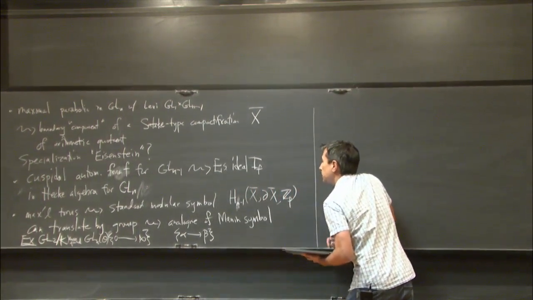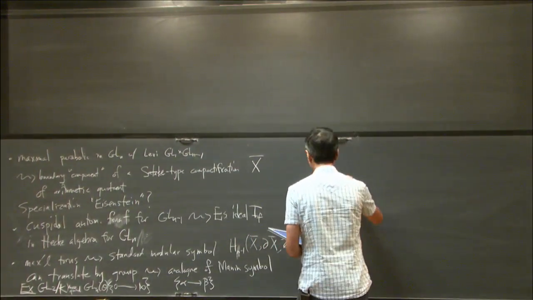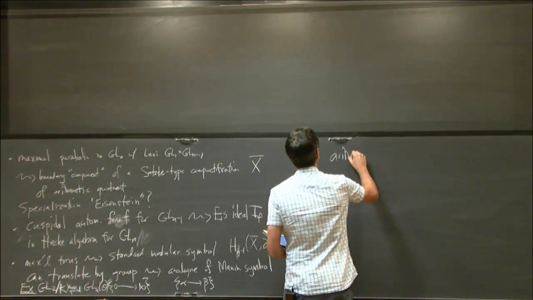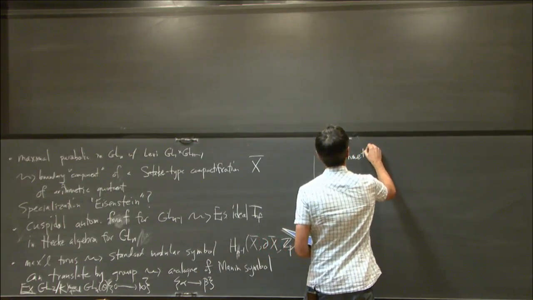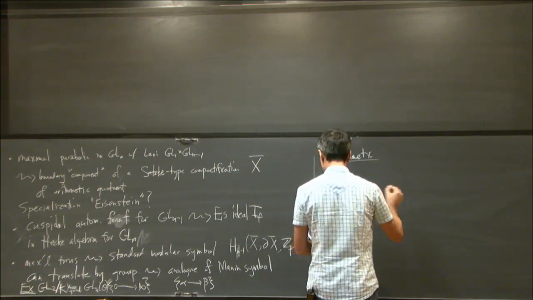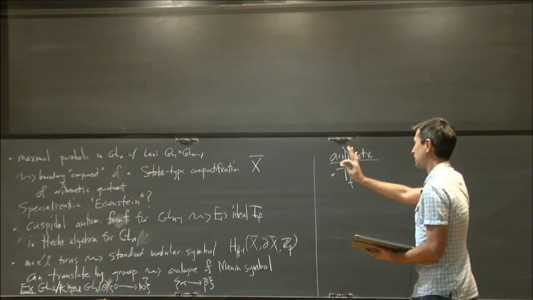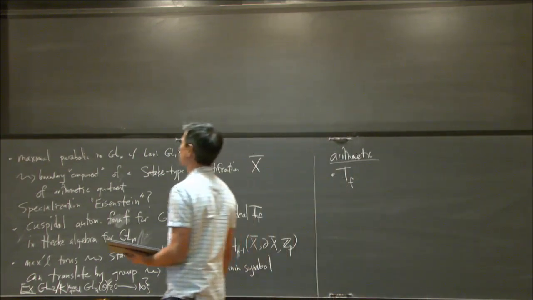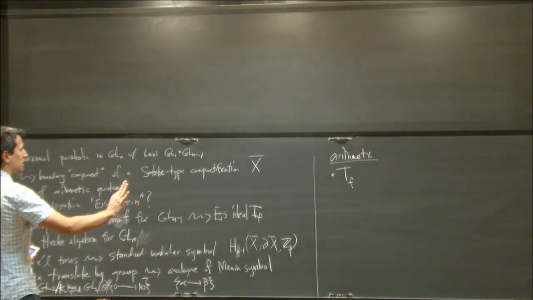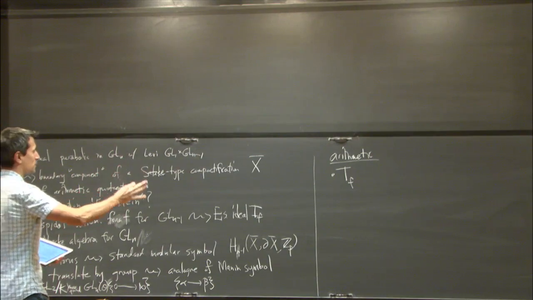Okay, so arithmetic. We attach to our F, and I'm assuming our F comes from a Galois representation, which is modular in some sense.